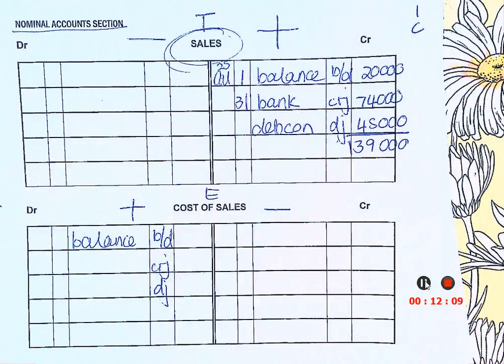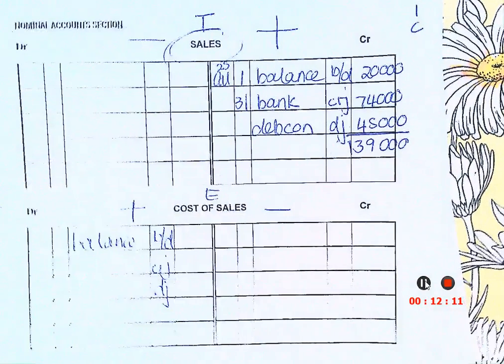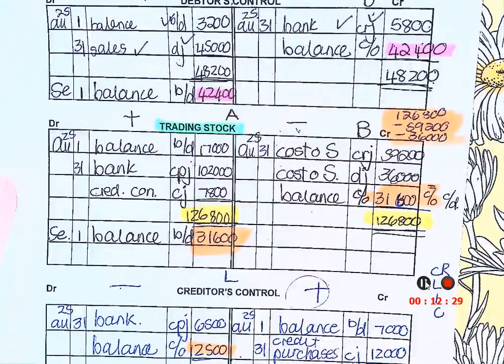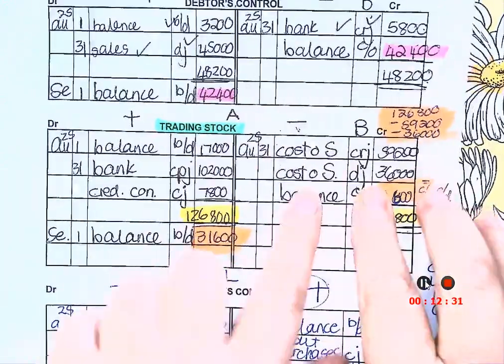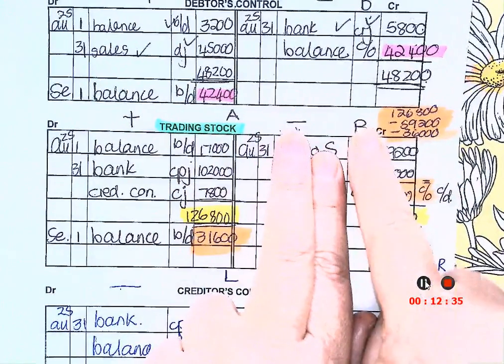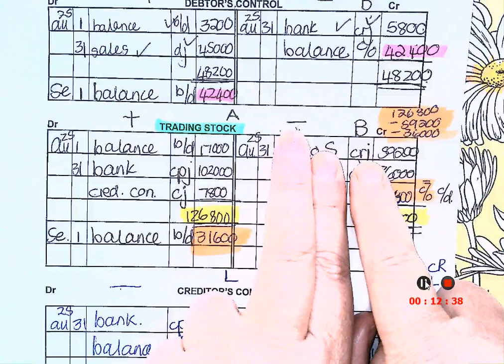But now I'm working with the cost, in other words, what it cost me of the goods that I sold. I want to see how much my stock is going to decrease, and you can actually go to trading stock and you will see here on the credit side there's also a CRJ and DJ, ne? Meaning this is the price of the goods that I sold, meaning I keep track of my stock.